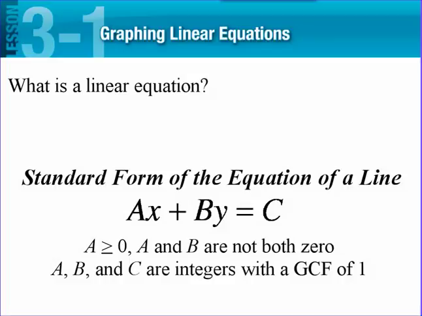When it says that a is greater than or equal to 0, what does that mean? It's not negative. Perfect. So a here has to be positive. This is a fancy academic way of saying that a is positive.